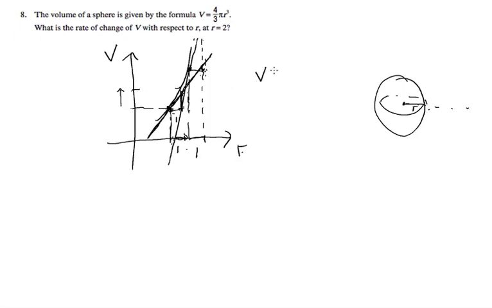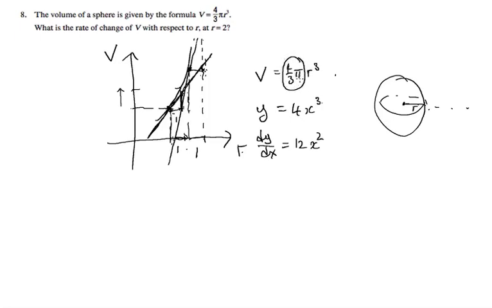So we're looking at v equals 4/3 pi r cubed and asking what the gradient is. Normally we have something like y equals, say, 4x cubed, and the gradient we can easily differentiate. Bring this index down, 3 times 4 is 12, 1 less, so it's 12x squared. A similar sort of thing will go on here.